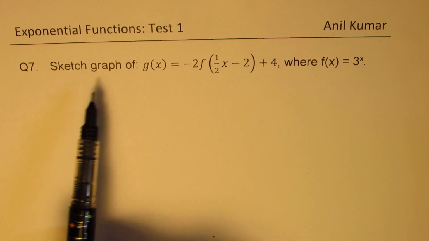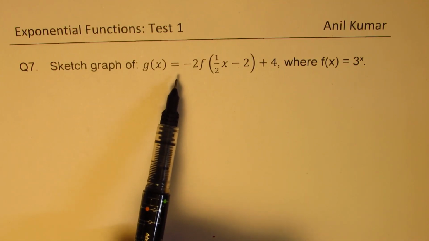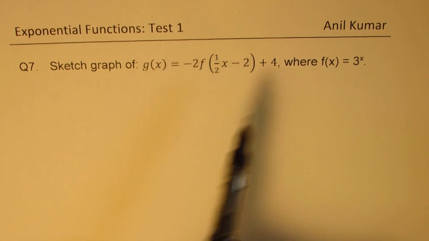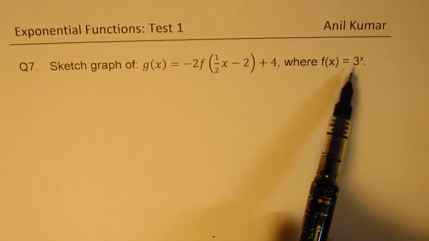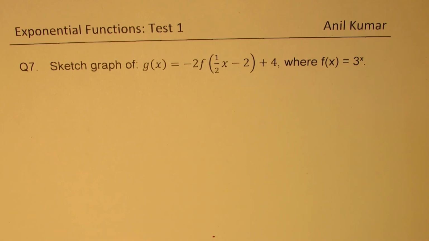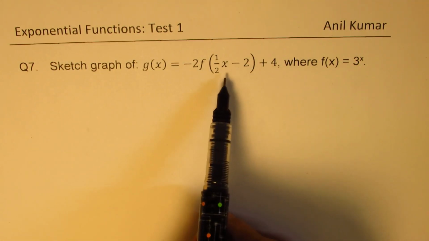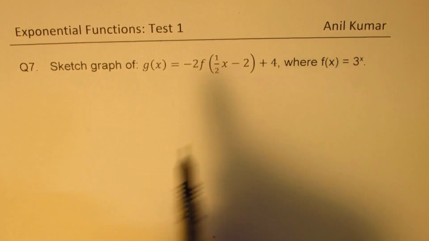We need to sketch the graph of g of x, which is equal to minus 2 f of half x minus 2, plus 4, where f of x is 3 to the power of x. So I'll actually sketch a rough graph. You should do it on graph paper. Now, to sketch this graph, we should understand the transformations.